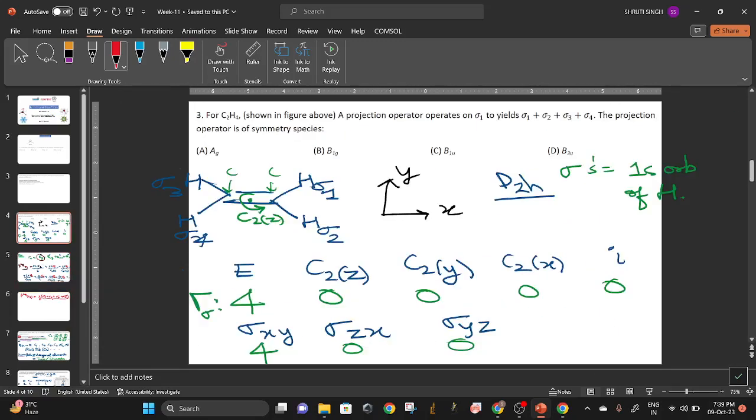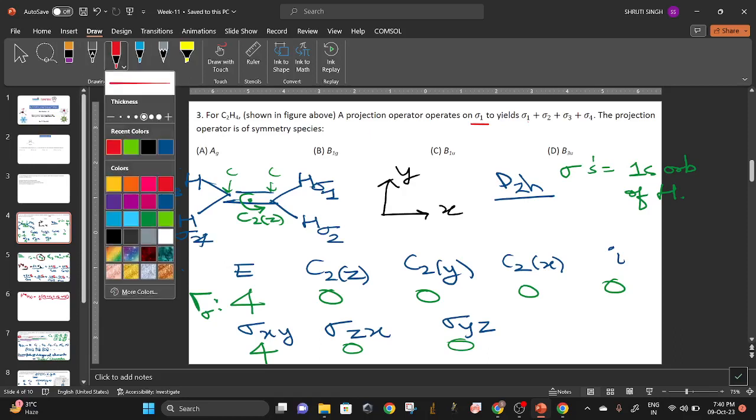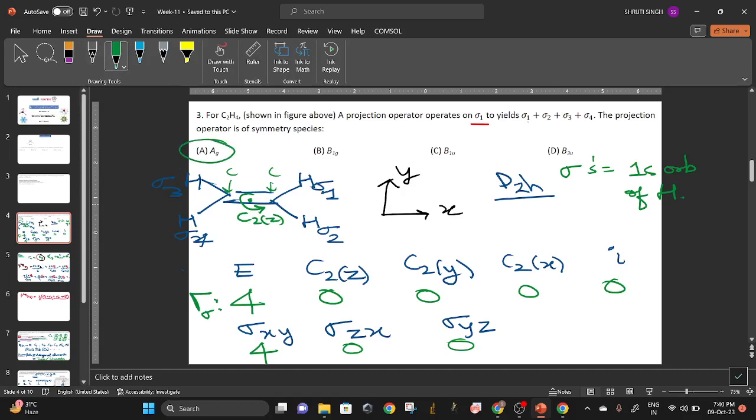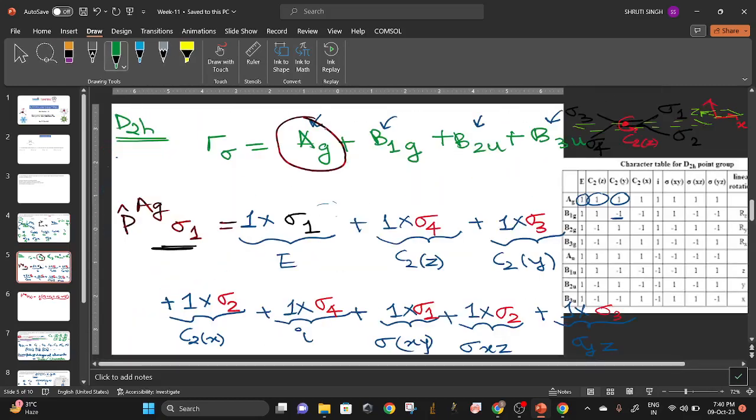So the question here was: a projection operator operates on sigma 1 and gives sigma 1, 2, 3 and 4. The projection operator is of which symmetry species? Ag. So this is the correct answer, and we got it in the first attempt because the first representation was Ag.